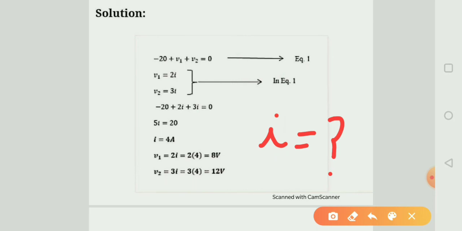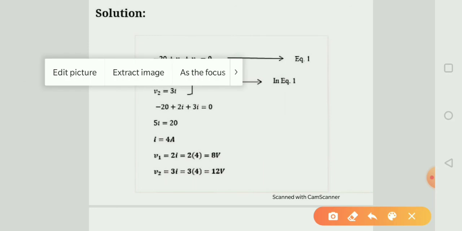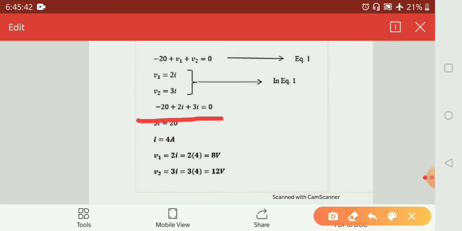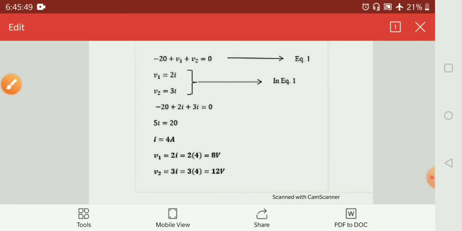So if we put 2I and 3I in equation 1, this equation becomes minus 20 plus 2I plus 3I equal to 0, and 3 plus 2 equal to 5.